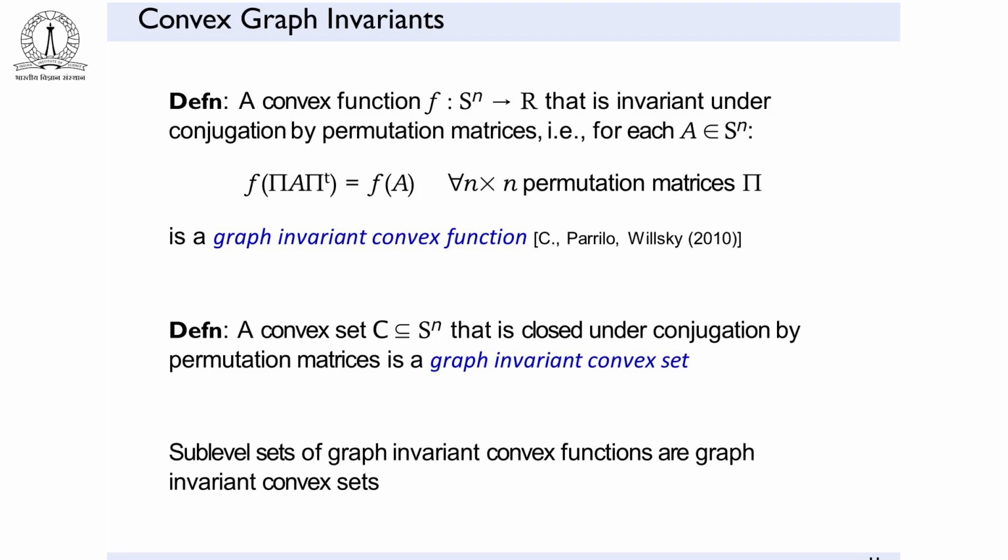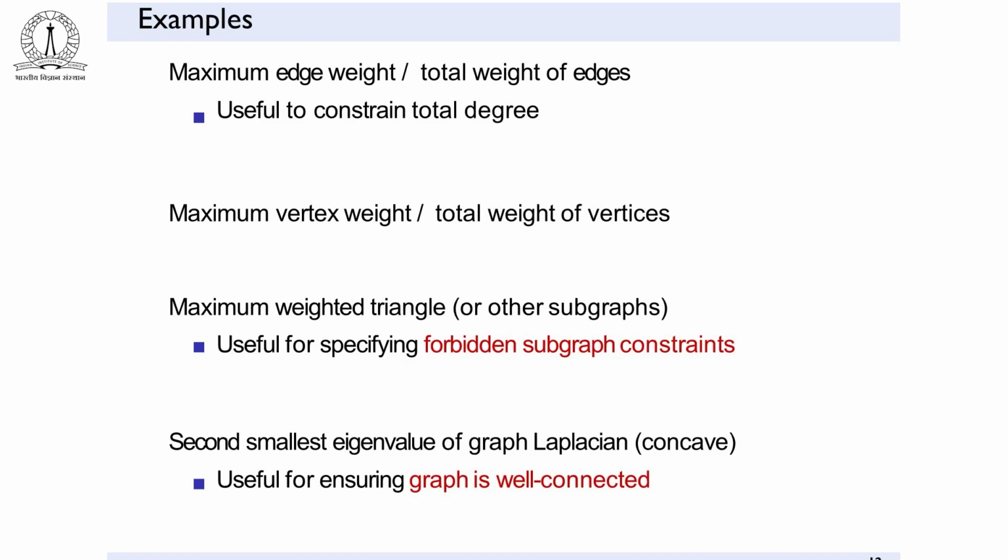So we want to write down graph invariants that look like this. So what are some examples? The maximum edge weight, or the total weight of all the edges, these are convex graph invariants. If I tell you the fifth highest weight edge is something, is that a graph invariant? Does that property depend on the labeling of the vertices?